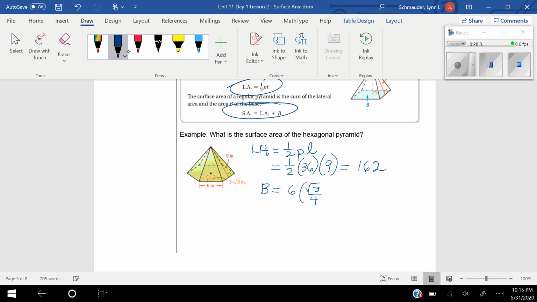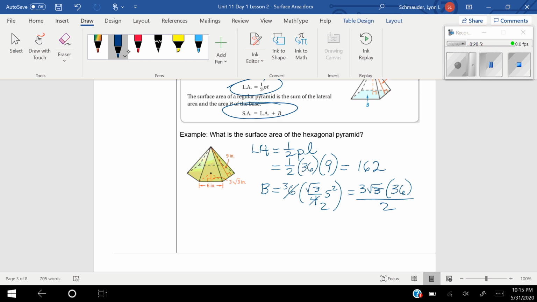I can find the area of one of the triangles, multiply it by 6. So that's going to be 3 times the square root of 3, and s squared is going to be 36, 6 squared. All right, and that's where the 3 came from. That's where the 2 came from. So there's the area of the base.